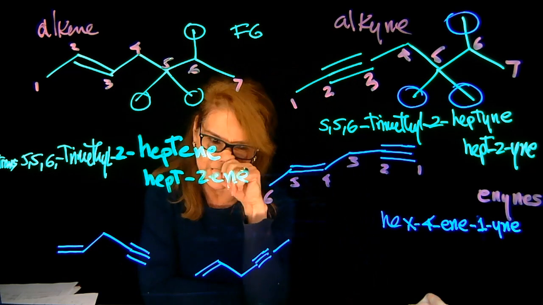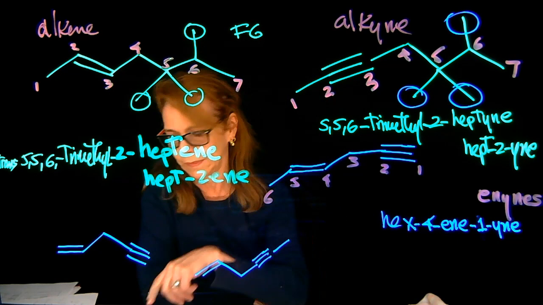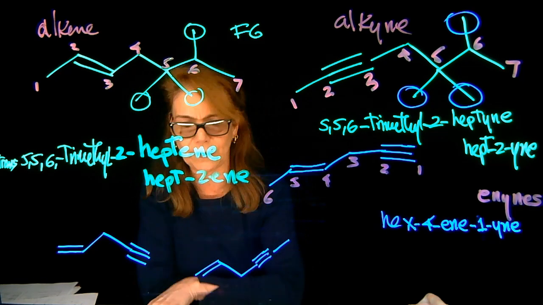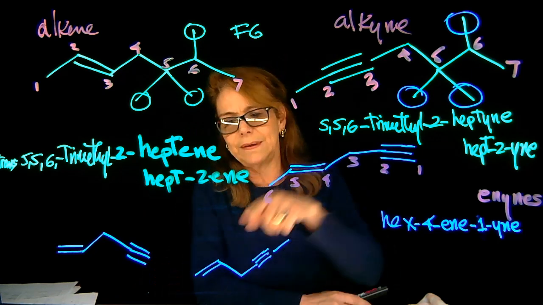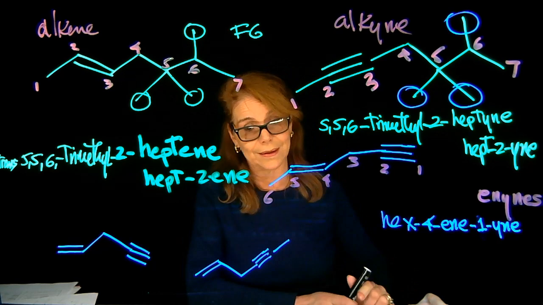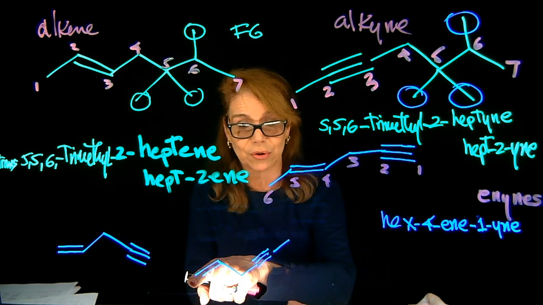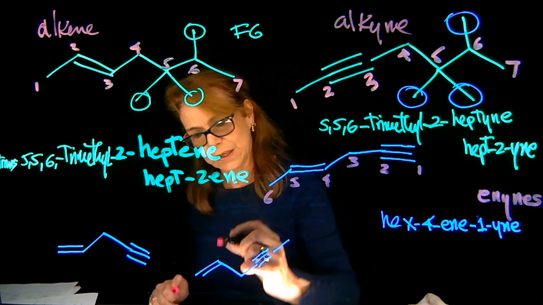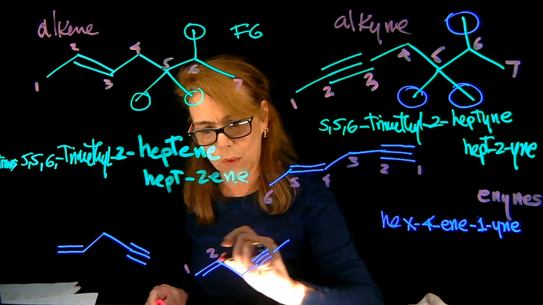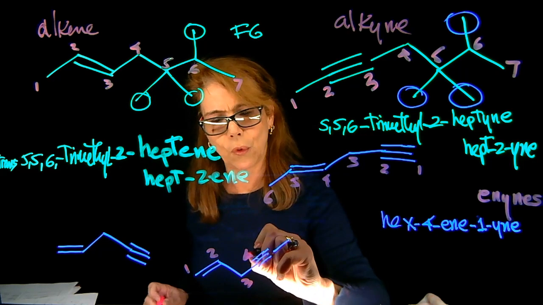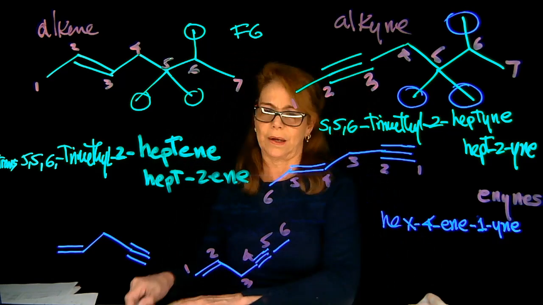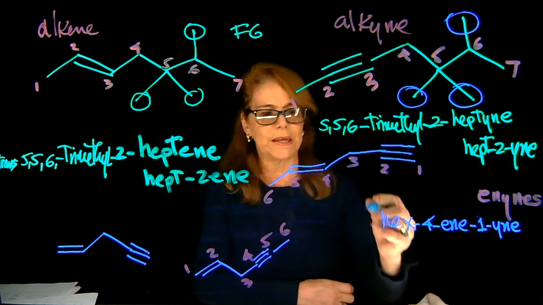Here's another example, this one here. I see, again, a double bond and a triple bond, but if I look at the structure, I see that the double bond is terminal and the triple bond is not. So the first point of difference is actually this end. So I'm going to number this case like that: 1, 2, 3, 4, 5, and 6. It is a hexyne, sorry, it is 6 carbons.